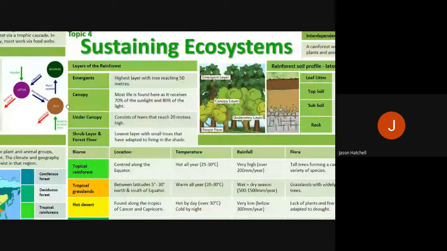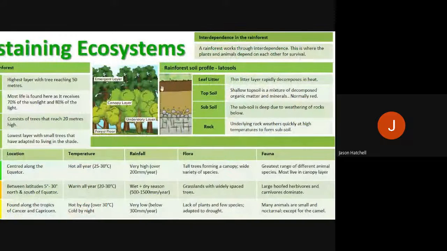And therefore, these trees grow on this very top, like leaf litter section, whereby there is enough nutrients to grow those trees. We've also underneath there got the topsoil and the subsoil and the rock. And essentially what happens is the deeper you go in a rainforest profile of soils, the latisols, the less fertile the soil becomes.